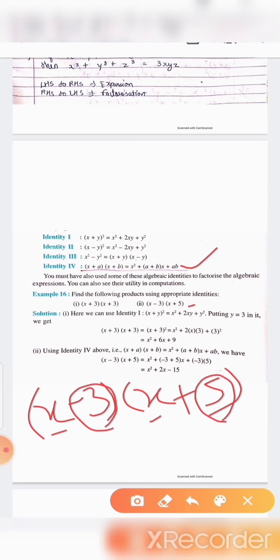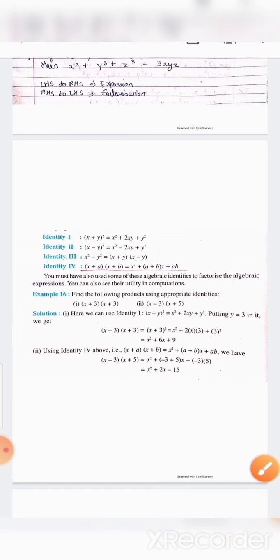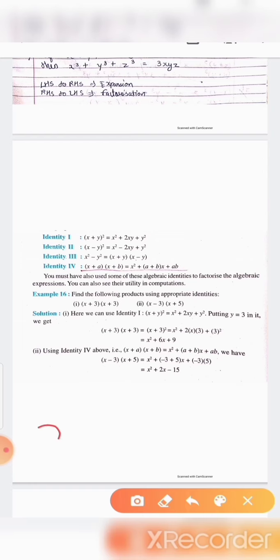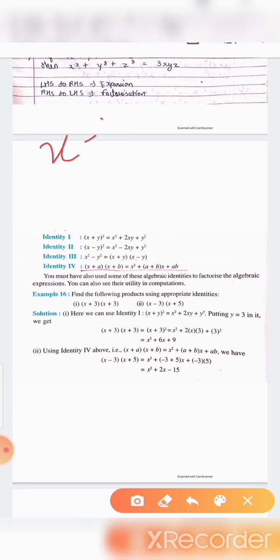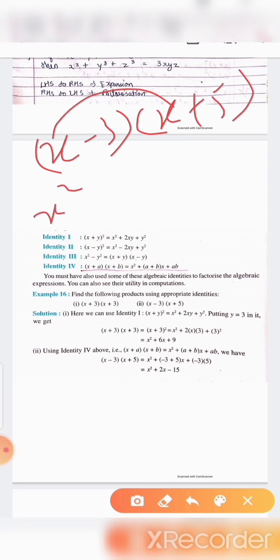Substituting the values in identity number 4, we get x square, because x multiplied by x is x square.